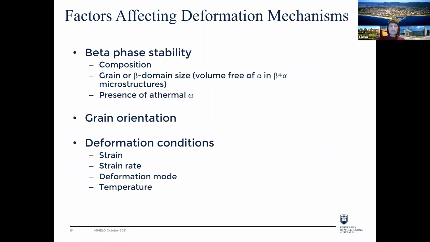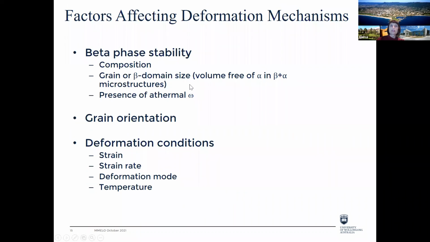So beta phase stability is the main parameter that dictates which of the deformation mechanisms will operate. And beta phase stability will depend on several factors, including the composition of the material and also grain or beta domain size. What is the difference between grain and beta domain size?